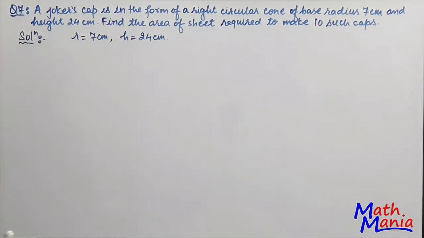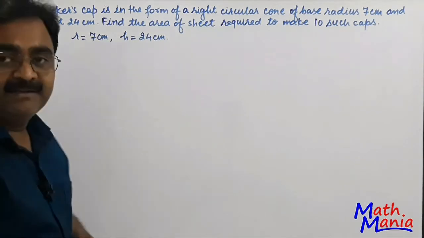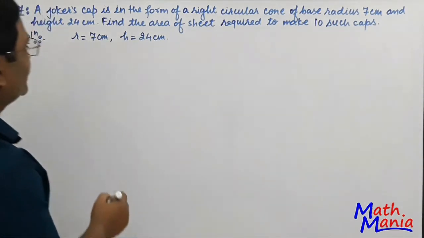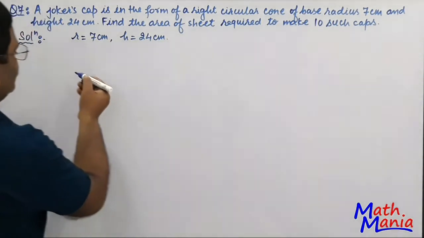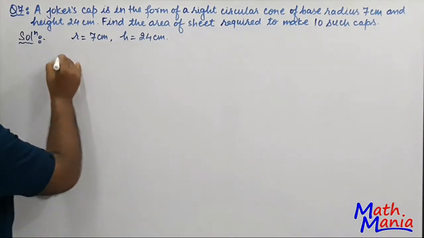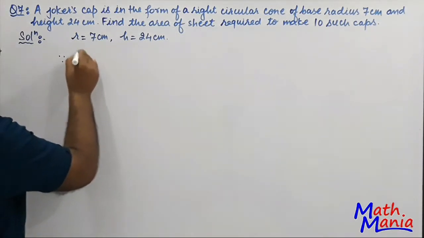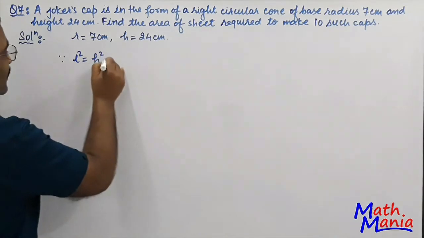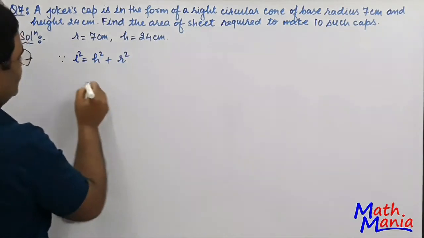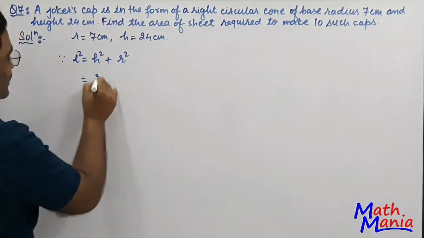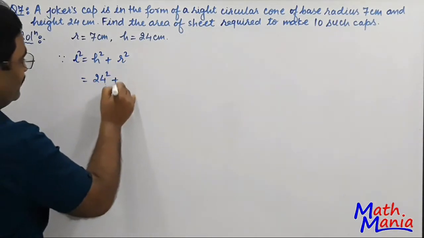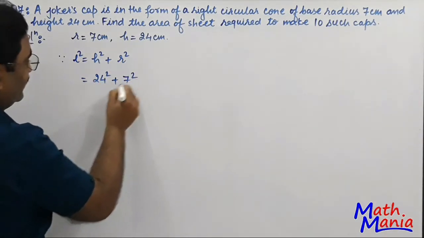So let's find its slant height L. As we know the formula, L square is equal to h square plus r square. So height is 24 plus radius is 7.